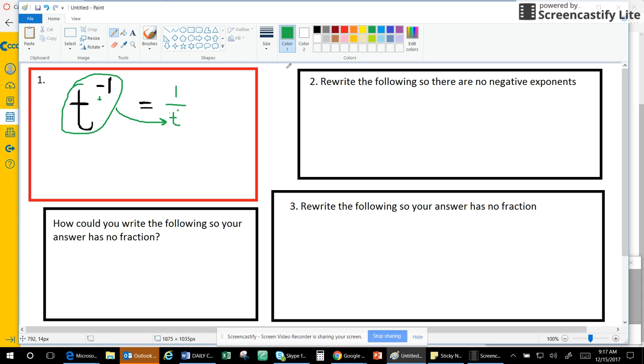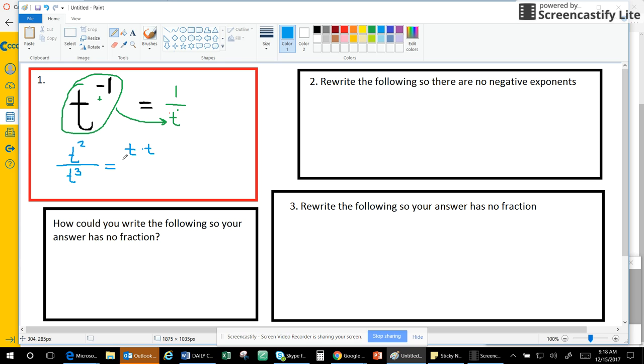And now some of you might be asking, well, why is that, Mr. Shear? If you think about our multiplication and division rules that we have for exponents, let's say that I had t squared divided by t to the third. And rather than taking our shortcut, let's expand this.